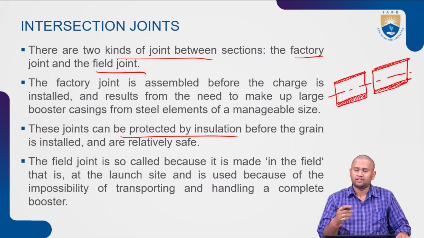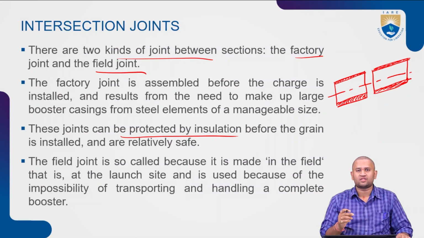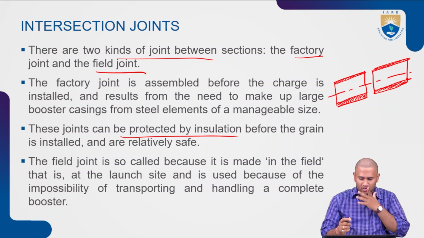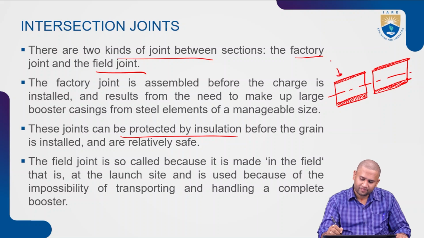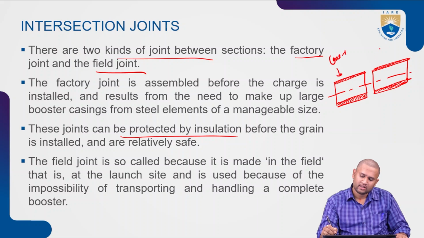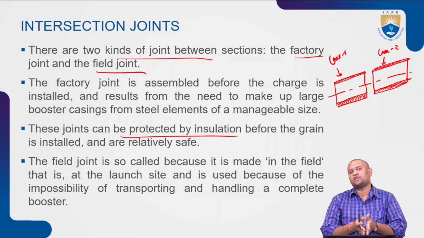Now, let's consider this as two separate sections of my solid rocket motor. These will be my case 1 and case 2, and these are supposed to be bonded together.